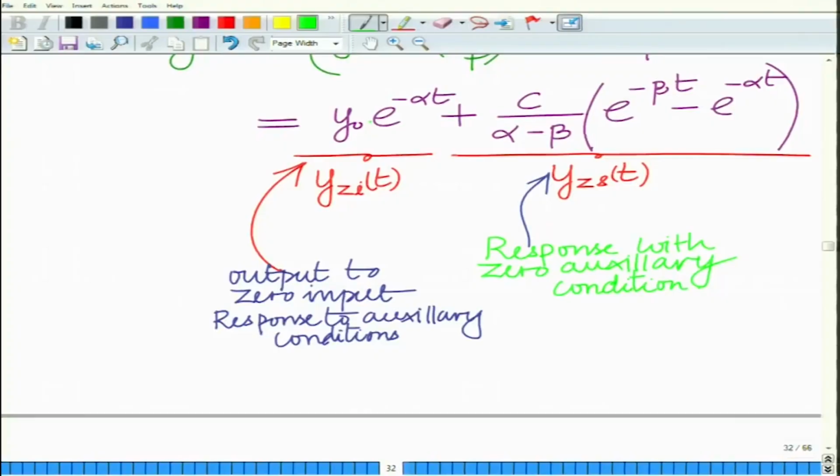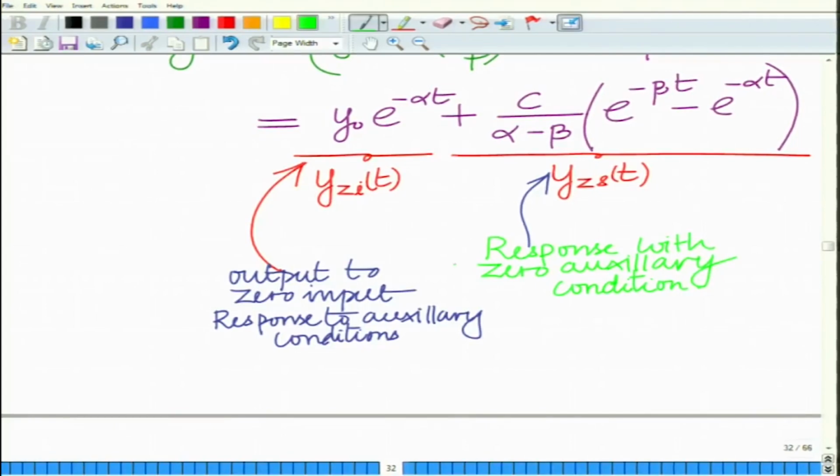If y naught is 0, then y zi(t) is 0 and it reduces to the 0 state signal. Similarly, if the input is 0, the output is simply y zi(t), the response to the auxiliary condition y at time 0 being y naught.